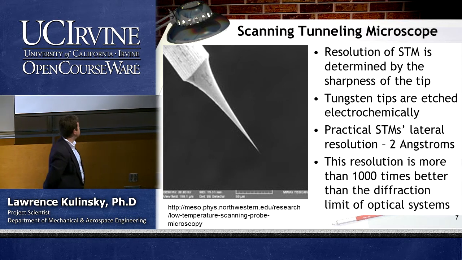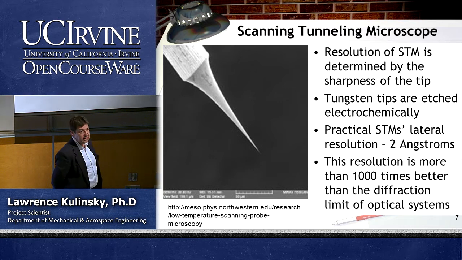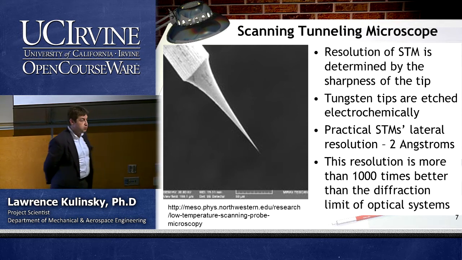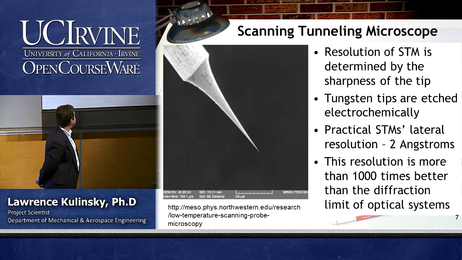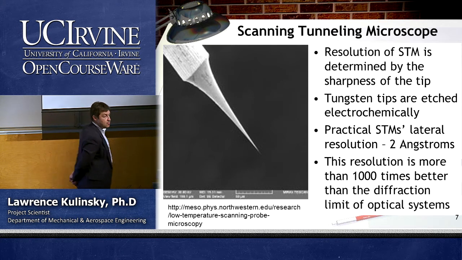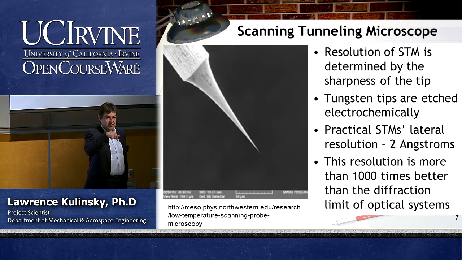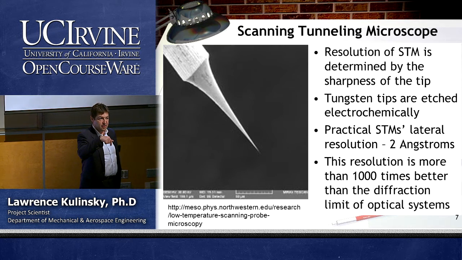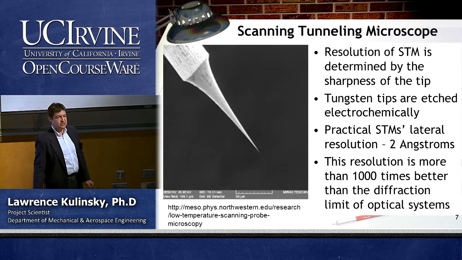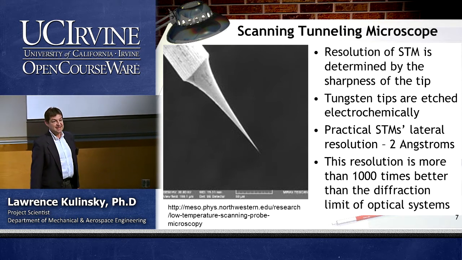For example, you can etch tungsten to a very, very fine point. Here you have the picture of the probe tip. And the practical resolution of a scanning tunneling microscope allows you to resolve about 2 angstroms. Basically, you can see atoms. And later in the lecture, you will see examples of that.